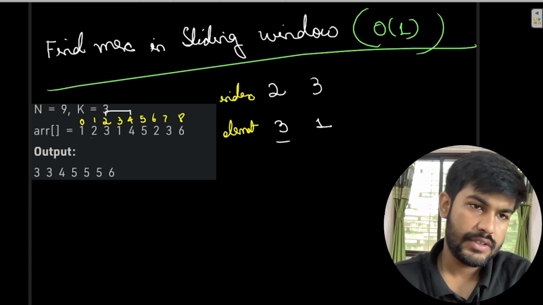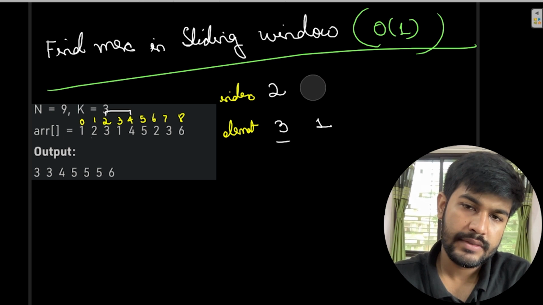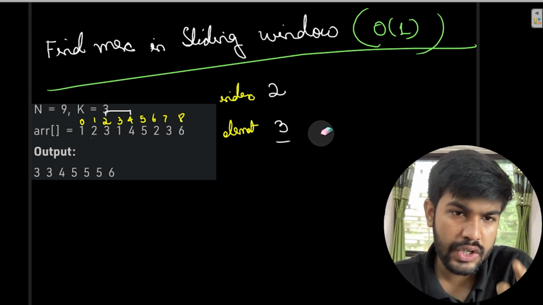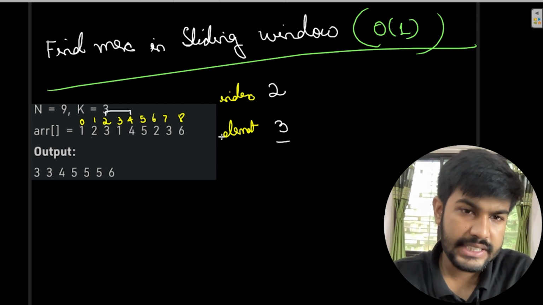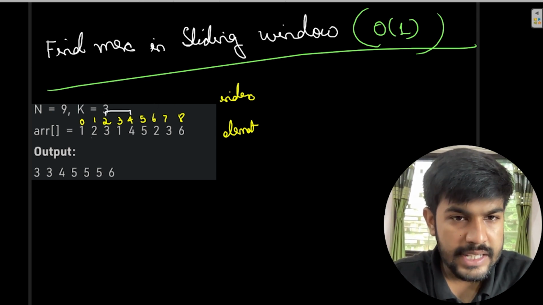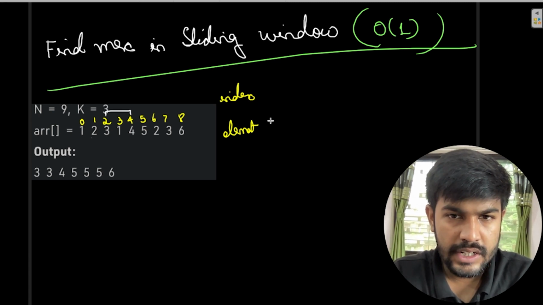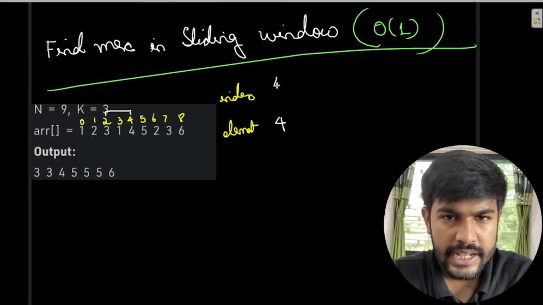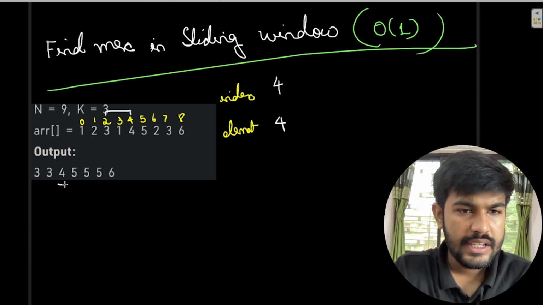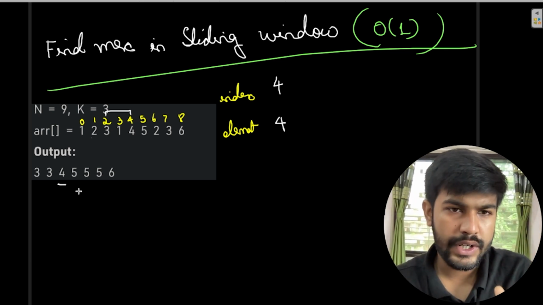So first we remove this one, then we see whether 4 is greater than 3. Yes, it is, so we remove this one too, and now we insert 4 with index 4. The largest value is 4 itself.